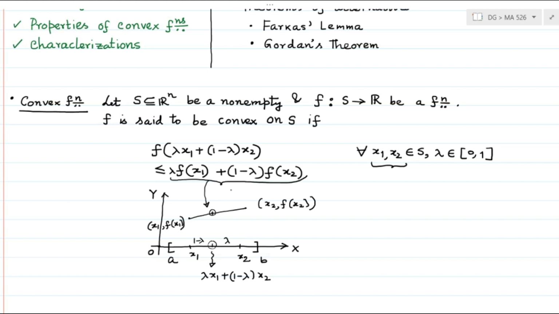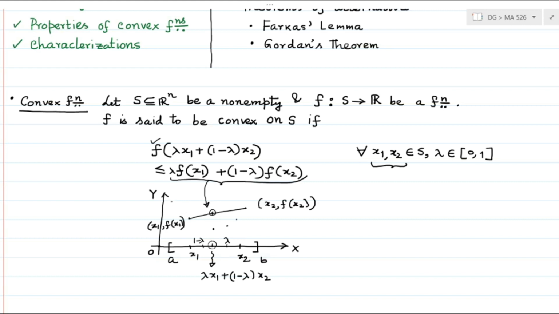And what does this inequality mean? The value of the function f lies below this value on the chord, and this happens for every convex combination. You can take here, here, here, anywhere, and observe that the function value must be below the chord joining x1, f(x1) and x2, f(x2).